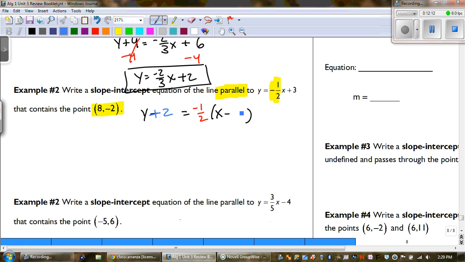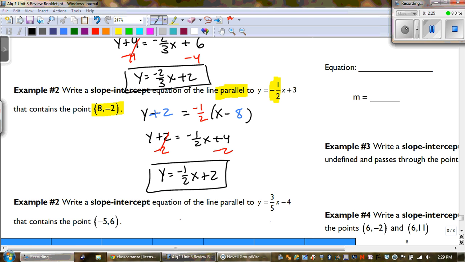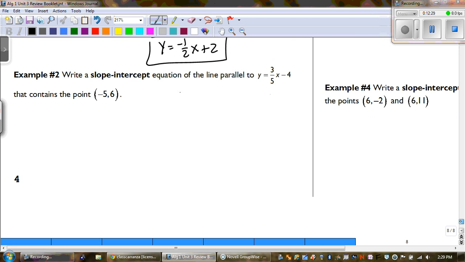Changes to a +2 and a -8. Go ahead and pause the video and see if you can solve it all on your own. Okay, you should get y equals negative 1/2 x plus 2.